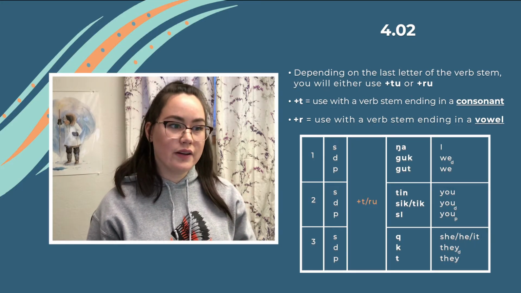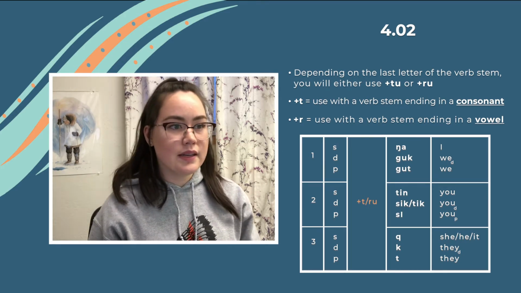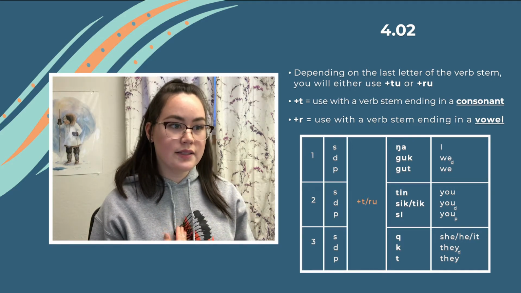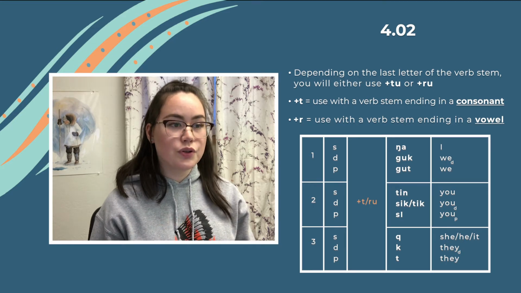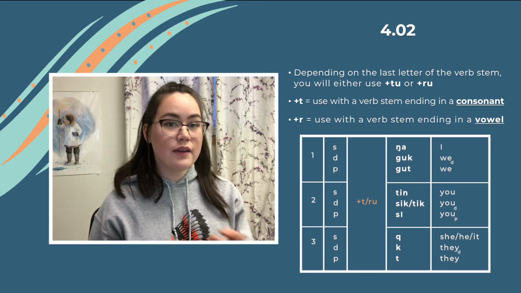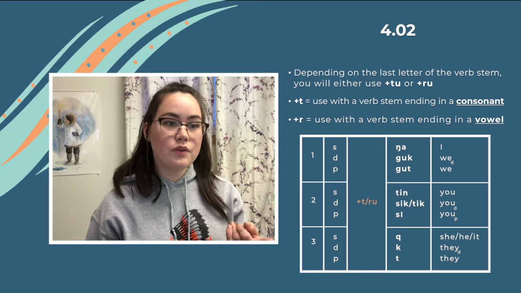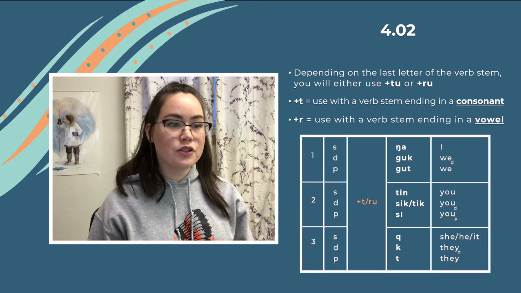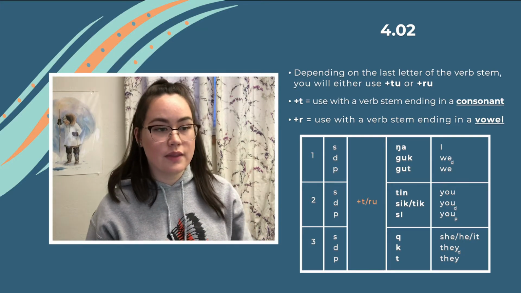And then you have your plus T, or it could be plus R. And then the endings, nga means I, so it could be tunga, tuguk, tugut, for I, we two, we three. Tutin, tusik, tusi, for you, you two, you three or more. And then you have tuk, tuk, tut, for she, he, or it, they two, or they three or more.